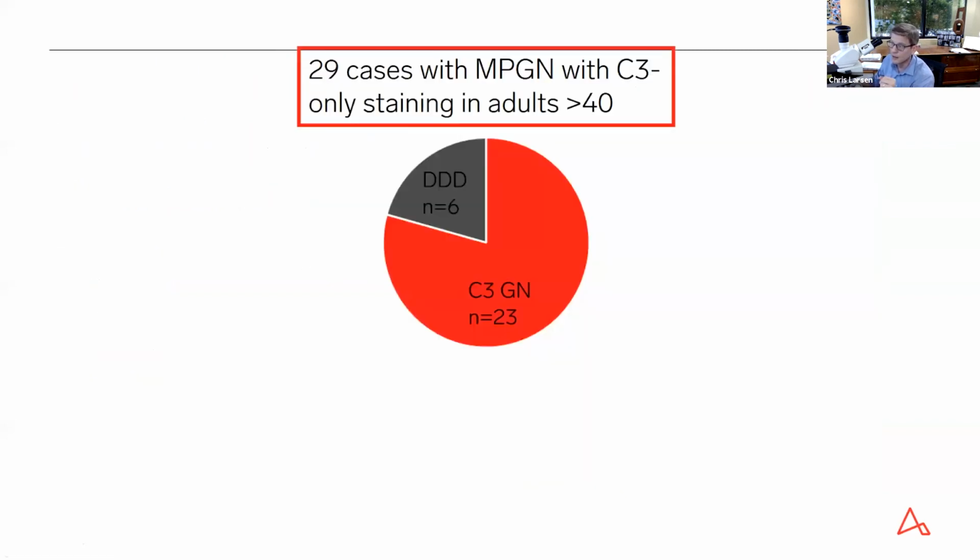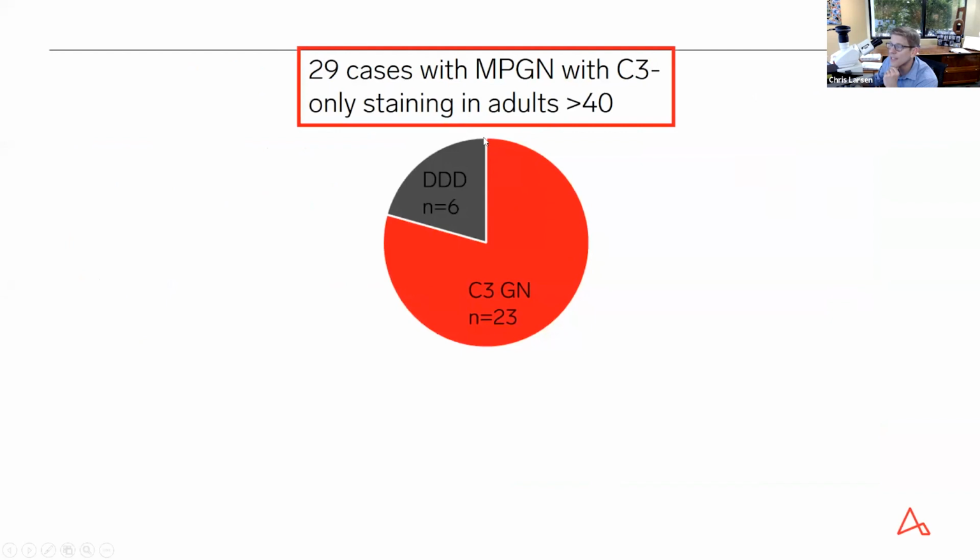not been performed. So as a part of this study, we also looked at 29 total cases in adults of C3 glomerulonephritis, or I shouldn't say C3GN, I should say C3 only staining with an MPGN pattern by light microscopy in adults older than 40.